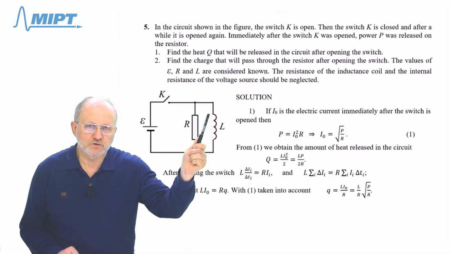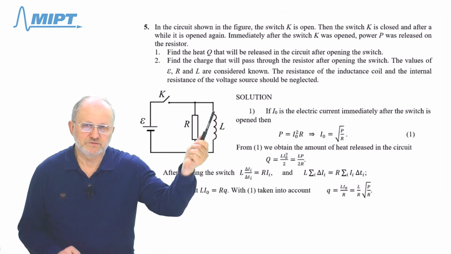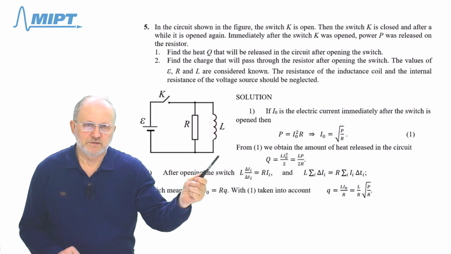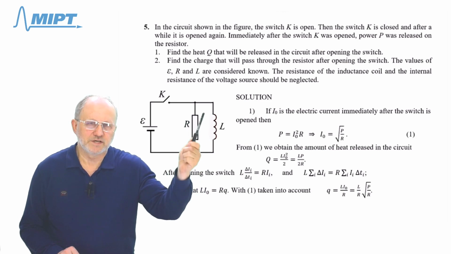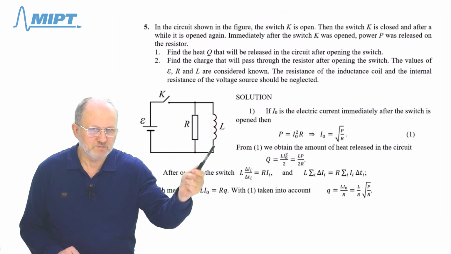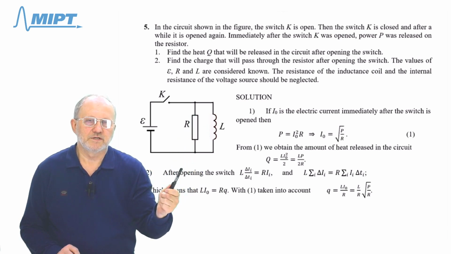The current through the coil cannot change immediately. There is some inertia of the current, and the initial current will slowly diminish down to zero, and during some period of time the current will flow in this circuit.